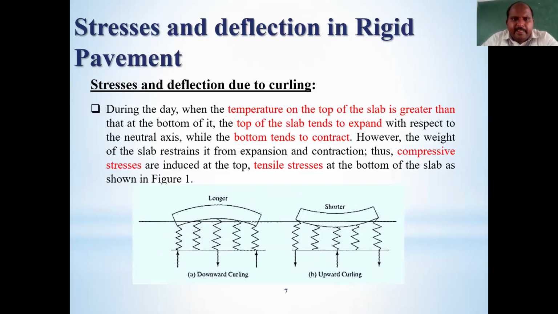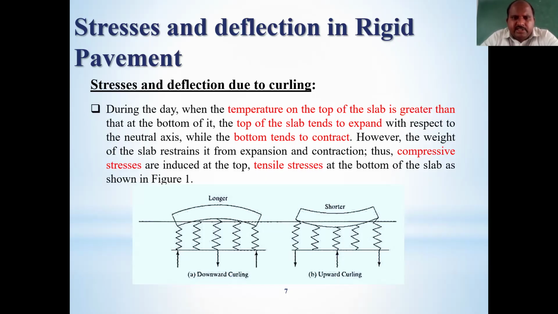During the day, when the temperature on the top of the slab is greater than at the bottom of it, the top of the slab tends to expand with respect to the neutral axis, while the bottom tends to contract. However, the weight of the slab restrains it from expansion and contraction. Thus, compressive stress is induced at the top of the slab and tensile stress at the bottom of the slab.